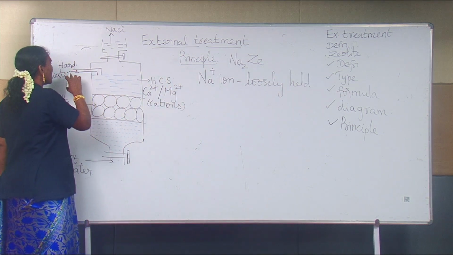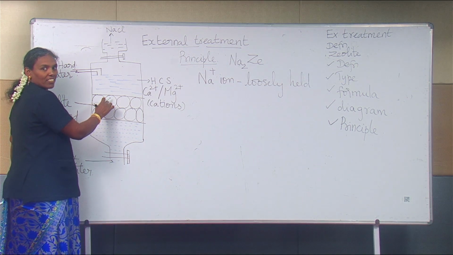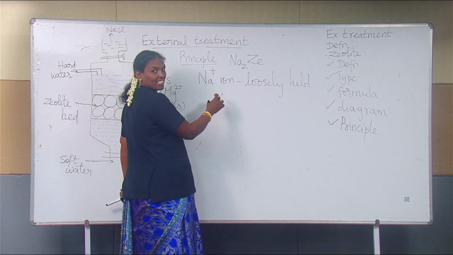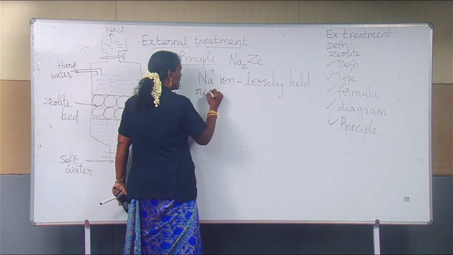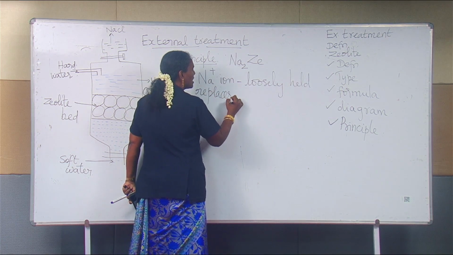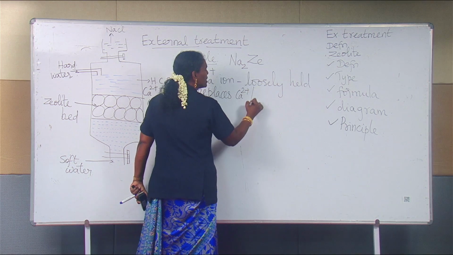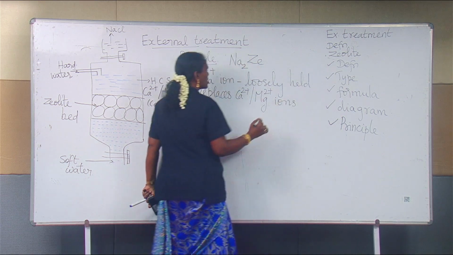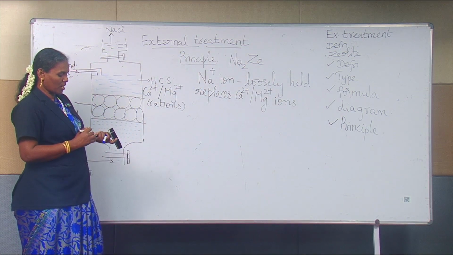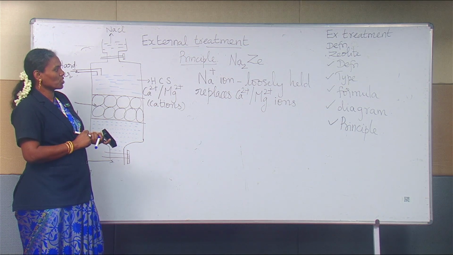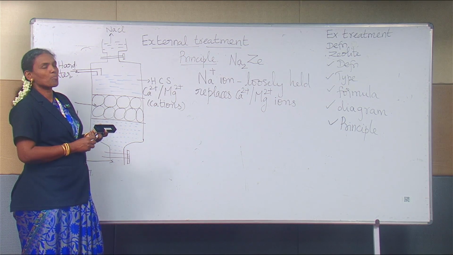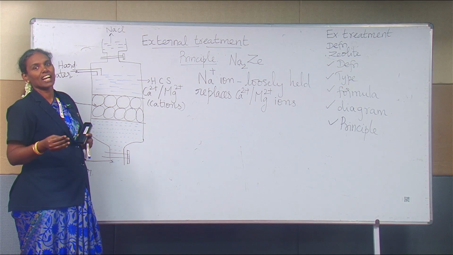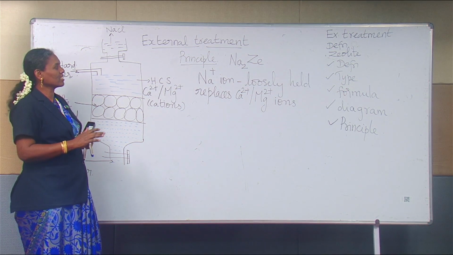Automatically, when we pass hard water, this Na+ ion replaces calcium and magnesium ions. This is the principle. This loosely held Na+ ions present in the sodium zeolite replace Ca2+ and Mg2+ ions and form calcium zeolite and magnesium zeolite. Okay, this is the principle.